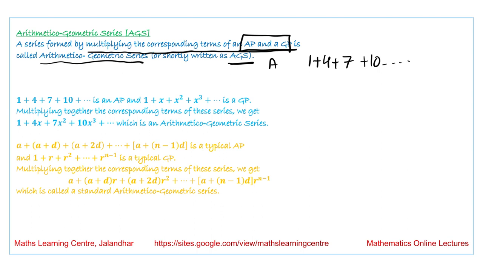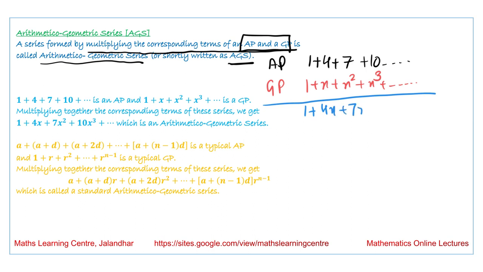This is an arithmetic progression. We have a GP, 1 plus x plus x square plus x cube, and so on. If we multiply the corresponding terms of both these, we get 1 plus 4x plus 7x square plus 10x cube plus so on. So we get an arithmetico-geometric series.